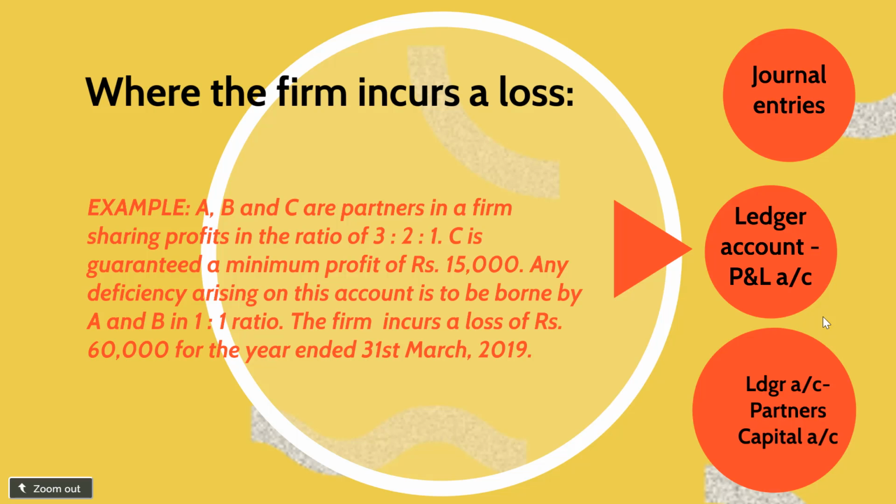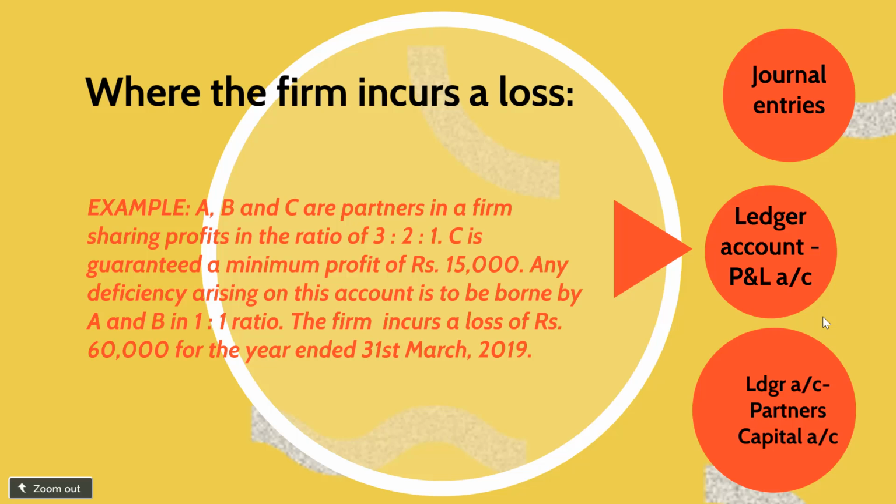Now, when C gets a loss as the share, the mode of calculating the deficiency is to add the guaranteed minimum profits, in this case 15,000, along with C's share of loss, which is rupees 10,000, and this would make the deficiency total equal to rupees 25,000.